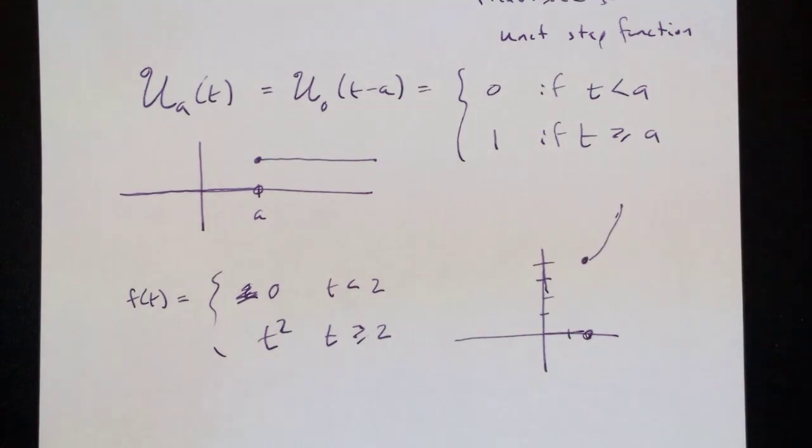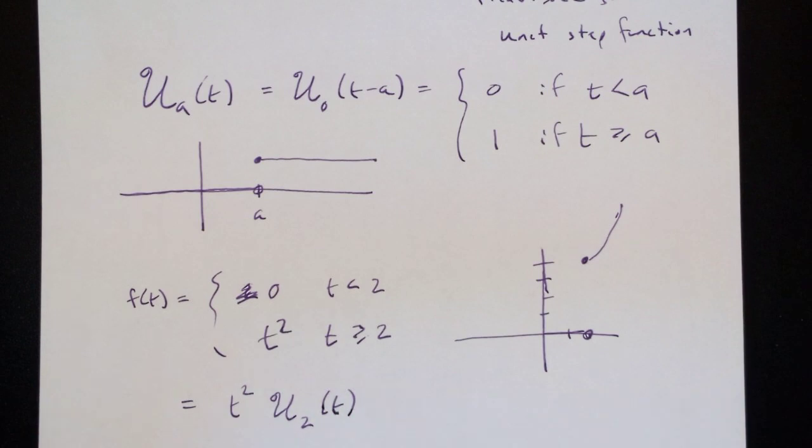It's nothing, it's nothing, it's nothing, it turns on. You could think of this as taking the regular parabola and multiplying by a function that turned on when we got to 2.